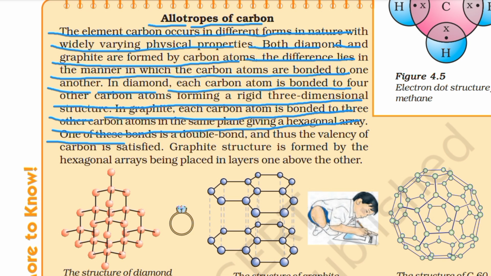One of these bonds is a double bond, and thus the valency of carbon is satisfied. The graphite structure is formed by the hexagonal arrays being placed in layers one above the other.